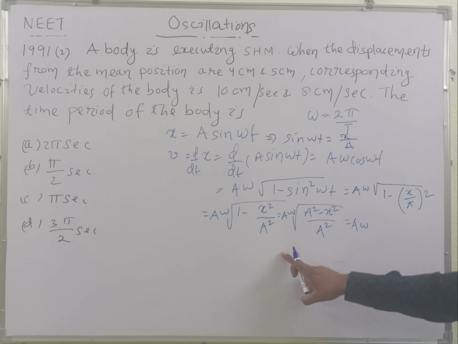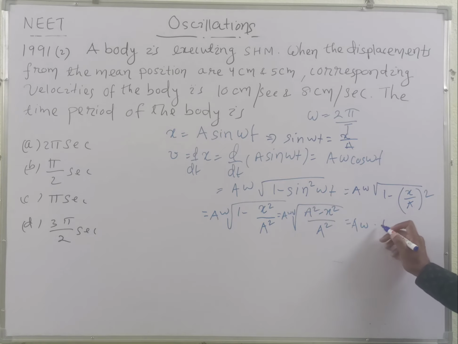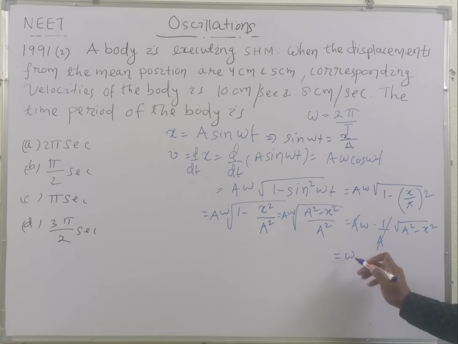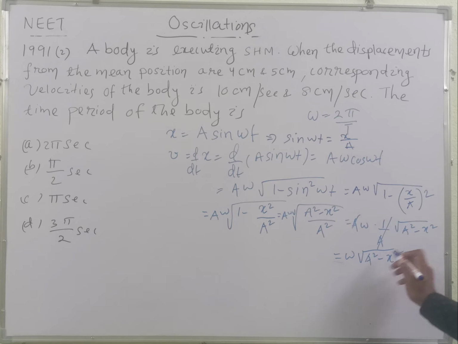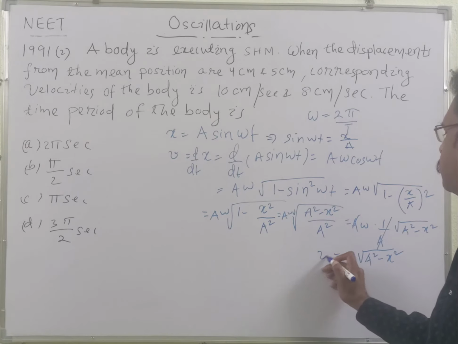If this a goes outside the square root, this becomes 1 by a, and this is root over a square minus x square, and this 1 by a will cancel out with a, and v will be equal to omega root over a square minus x square. What is this? This is the velocity of the particle.